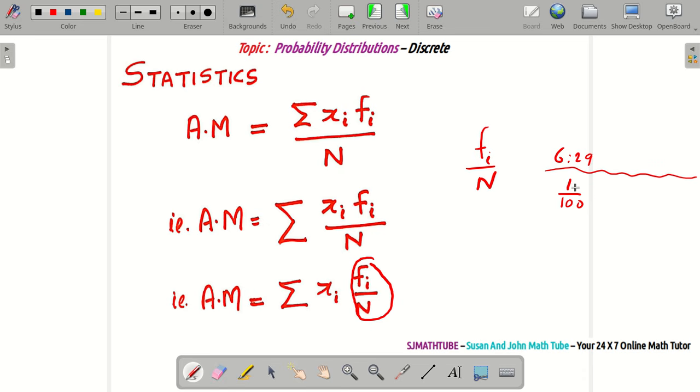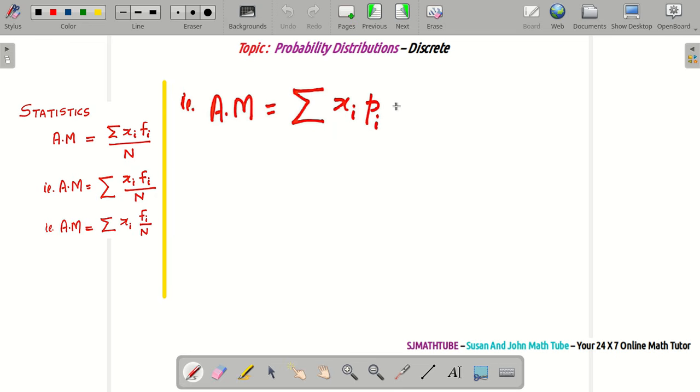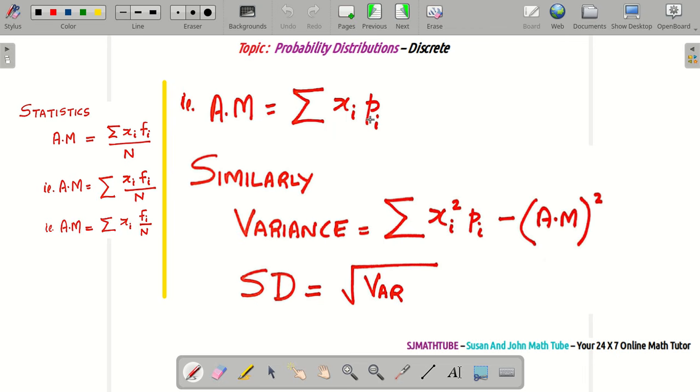And now you may understand that this fi by n is nothing but our probability for the ith data. So I'm going to change the formula for our arithmetic mean into sigma xi pi. Applying the same logic, we get variance to be this one and standard deviation to be root under variance.